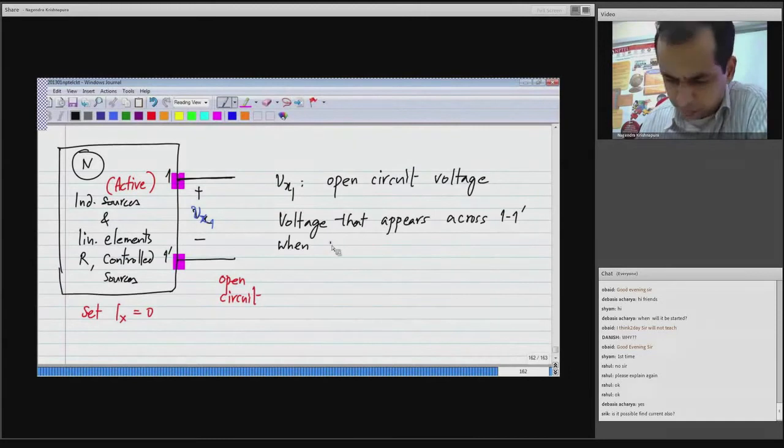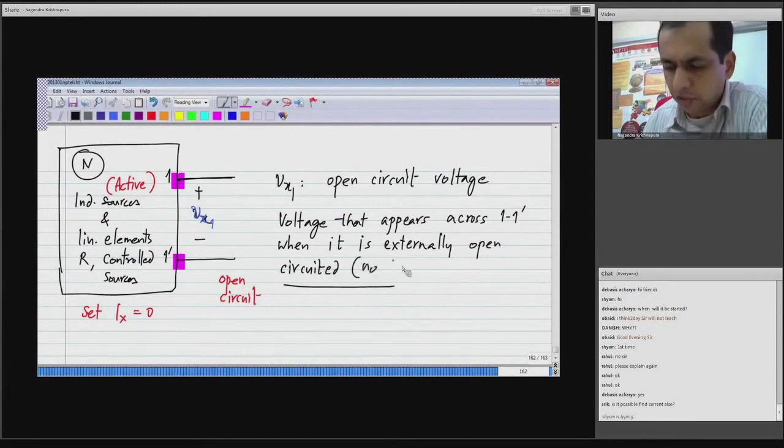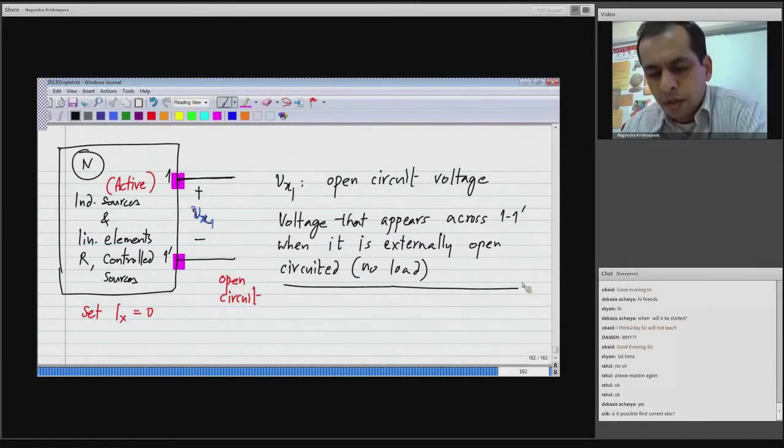Okay. That is, no load is connected. Okay, that's the idea. So one part of this is the open circuit voltage.